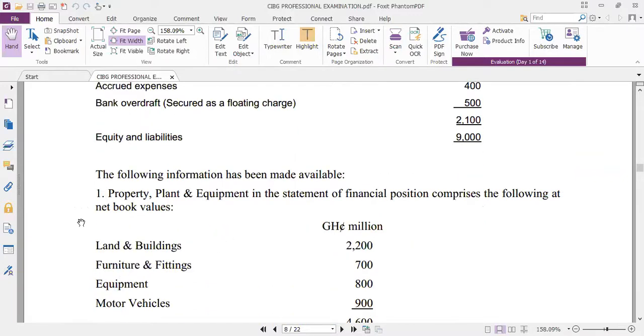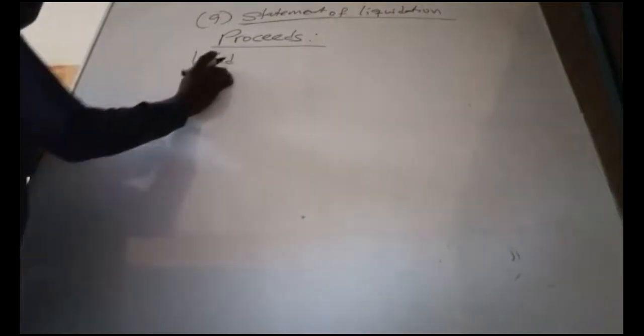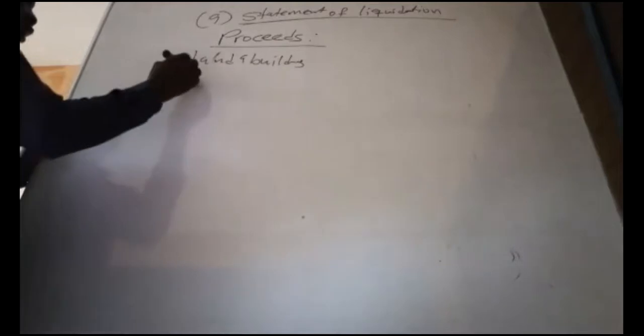The breakdown is land and building, furniture and fittings, equipment, motor vehicles. Then you are done.